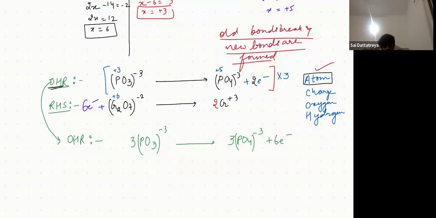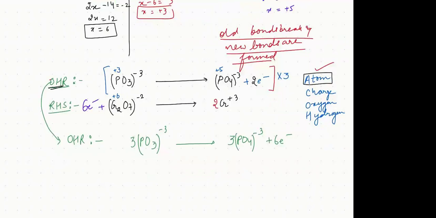And my reduction half reaction, RHR, would be what? 6 electrons plus Cr2O7 minus 2 to give me 2 Cr plus 3.